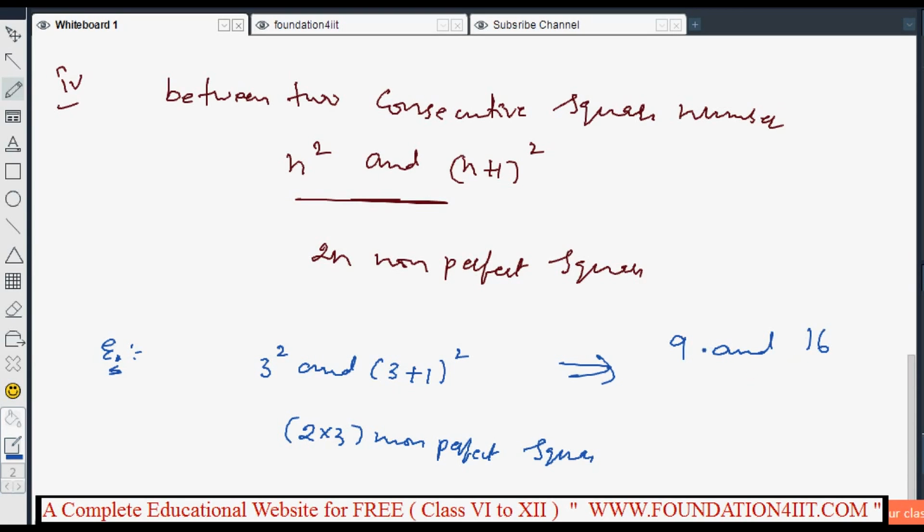So in between 9 and 16 there are 2 into 3, so 6 non-perfect squares: 10, 11, 12, 13, 14, 15. These are all 6, exactly right.